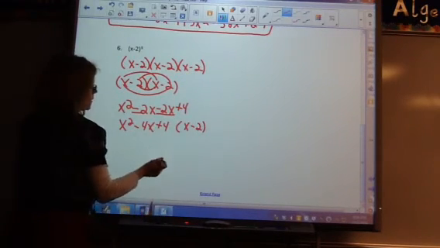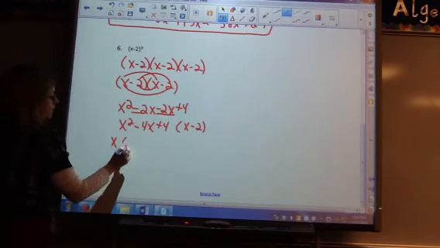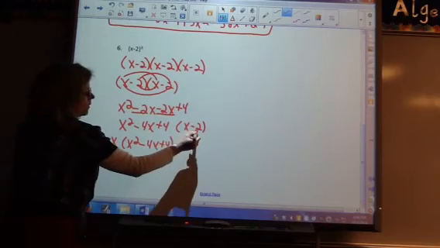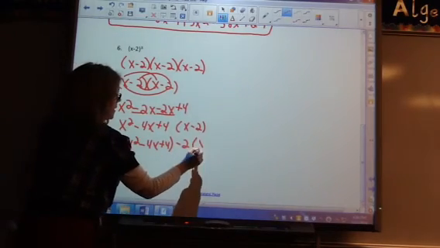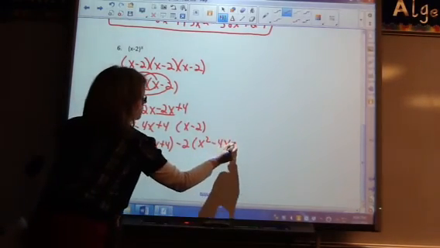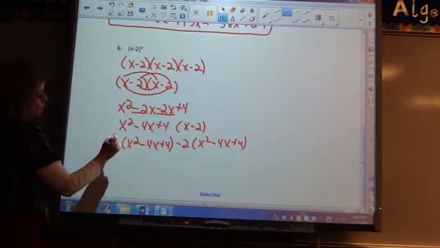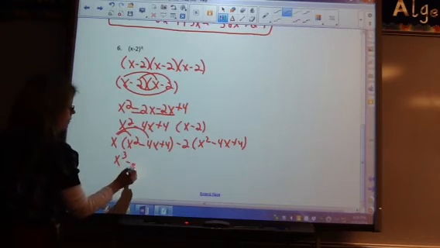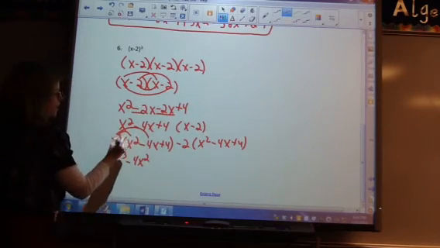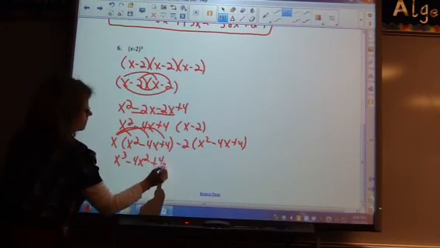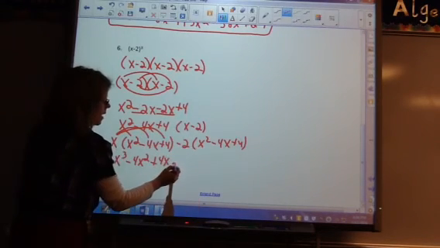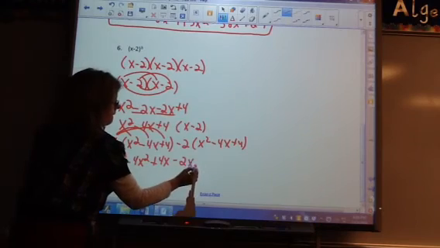Okay? So, this is where I take my x and distribute it with the trinomial, and then I'm going to take the negative 2 and distribute it with the trinomial. So I have x times x squared, x times a negative 4x, x times 4. And be careful here, that's negative 2 times 1x squared.